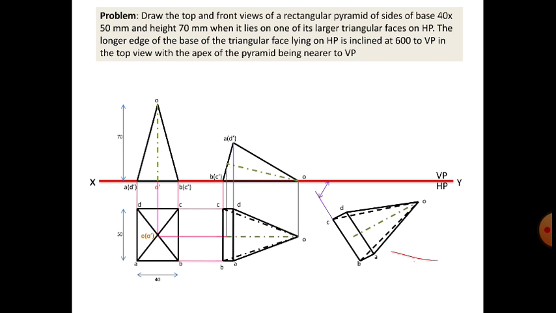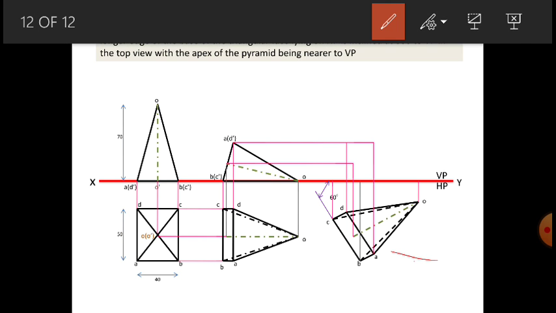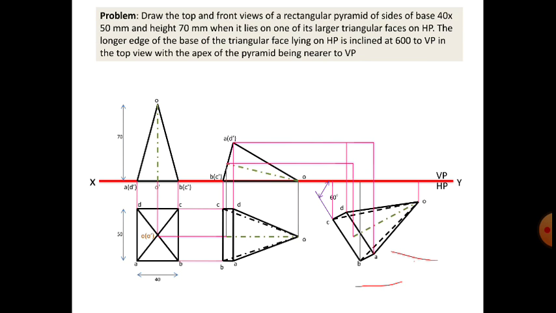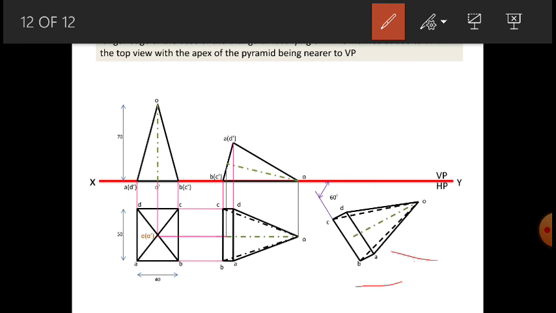Once you bring it to 60 degrees, you are going to project the lines from this object and from this object, like this.